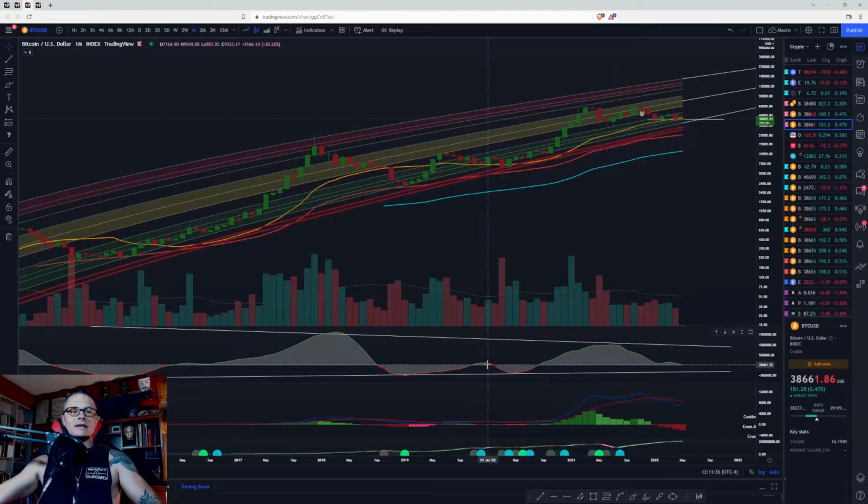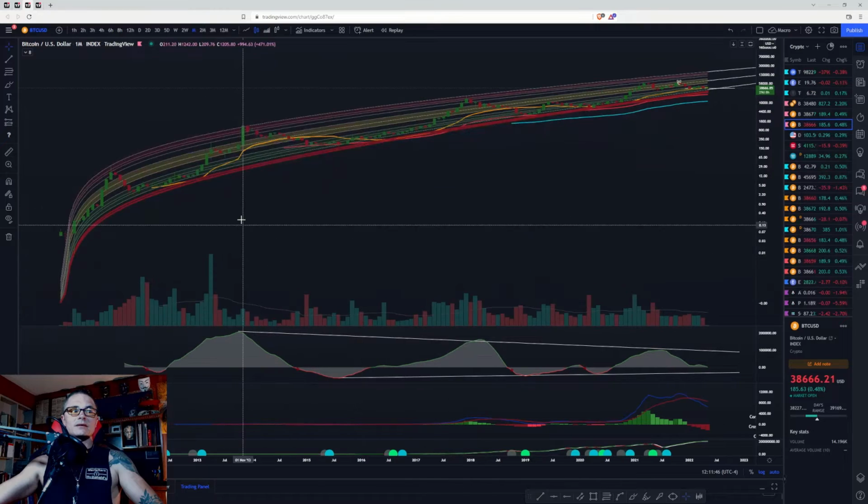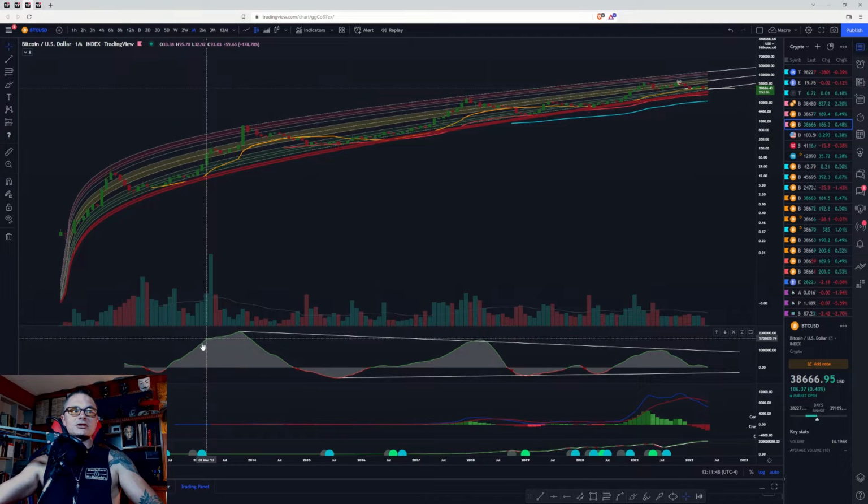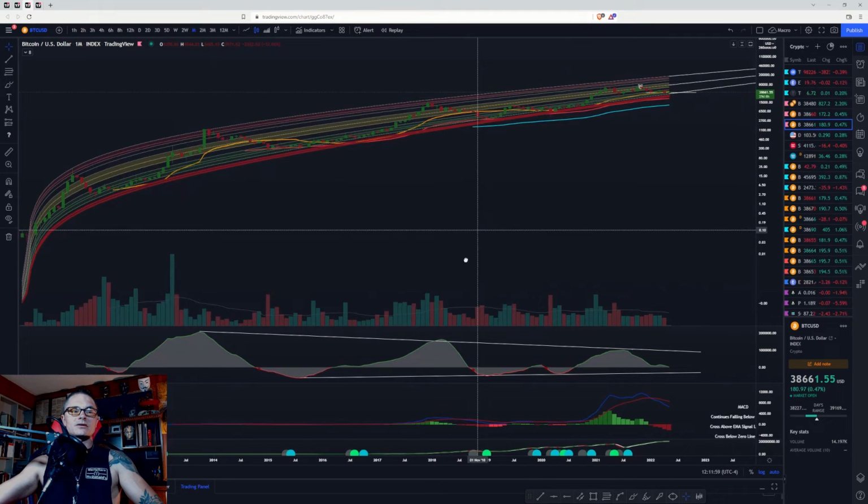And usually when we had a direction change, it has resulted in quite a move in that direction. As you see, you had a direction change here, had quite the move down, had a direction change here, and that started the bull run of basically 2012, 2013, and so on and so forth.